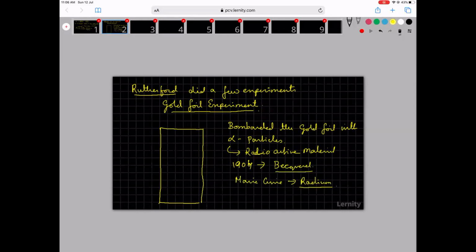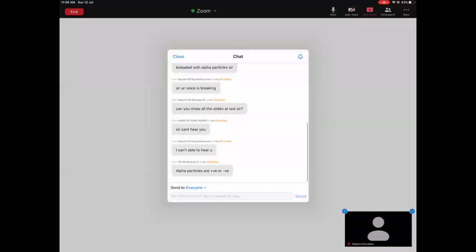One of her friends was Becquerel. Radium is radioactive, and from that Becquerel was able to discover radioactivity.